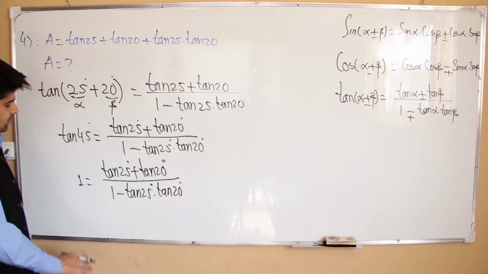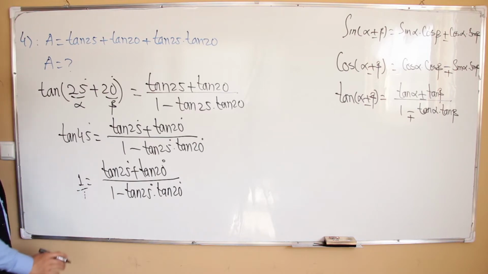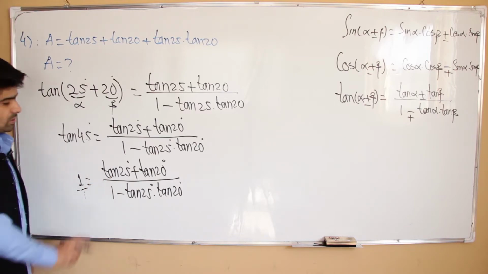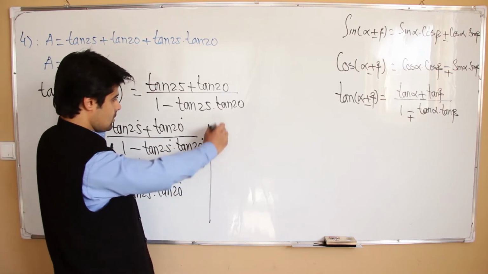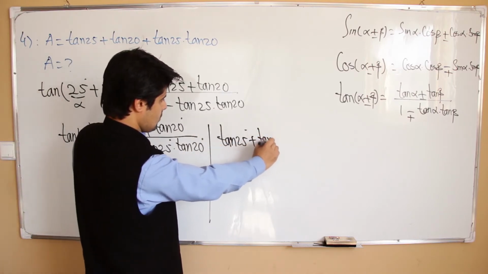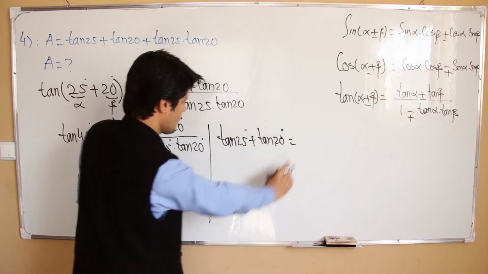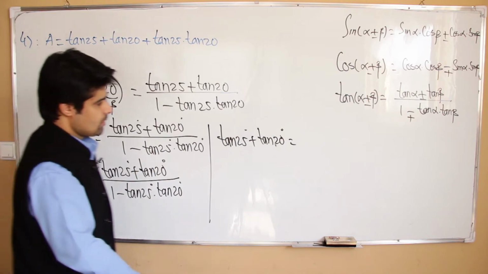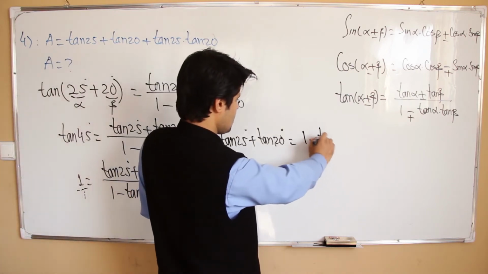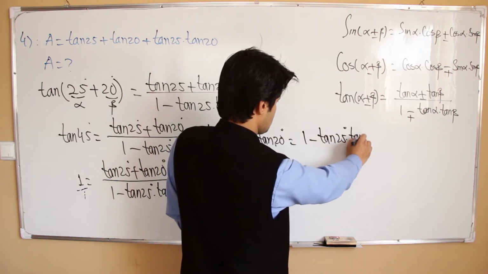If I have a cross multiplication in this equation, 1 times this one, it is tangent 25 plus tangent 20, and 1 times this one, it is 1 minus tangent 25 times tangent 20.